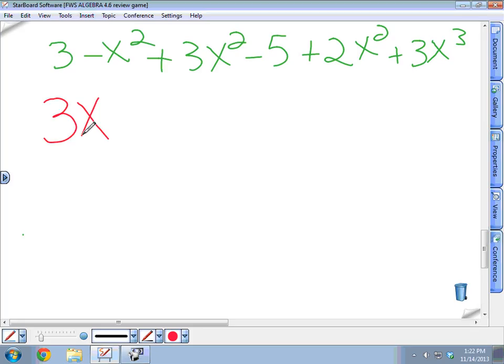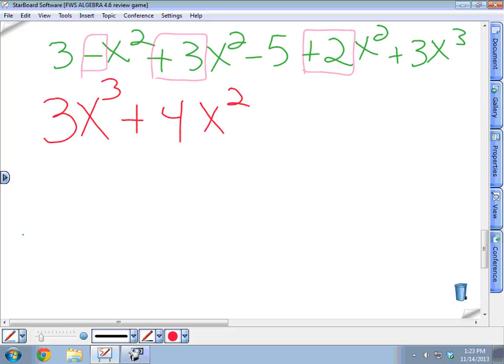The 3. Yeah. We call that cubed. But 3x cubed. Okay, now what? Well, hang on a minute. You've got 3 of them. You got minus 1, plus 3, and plus 2. So what's that going to give you? 4 of your x squareds.